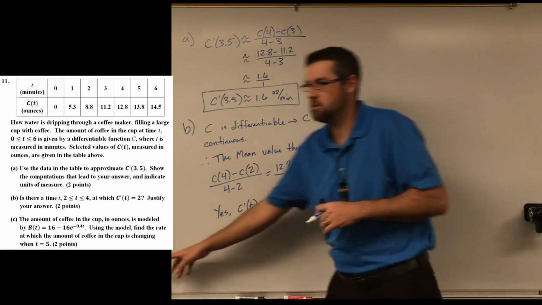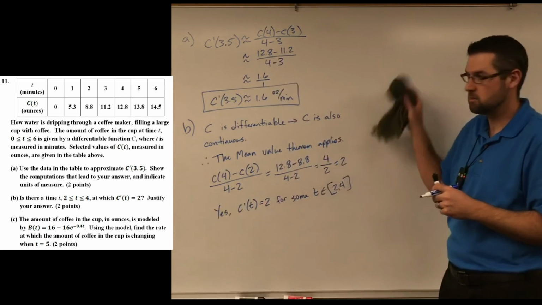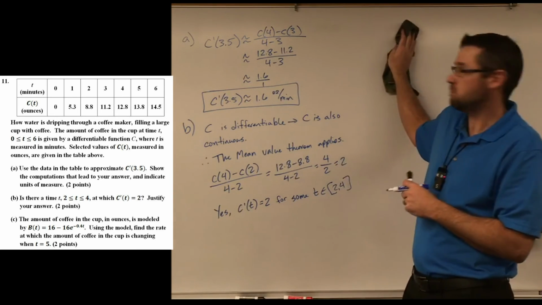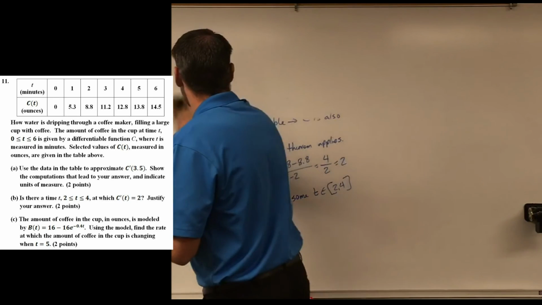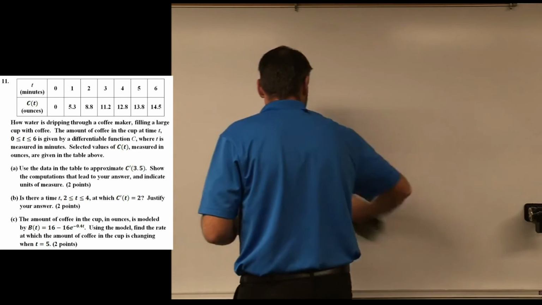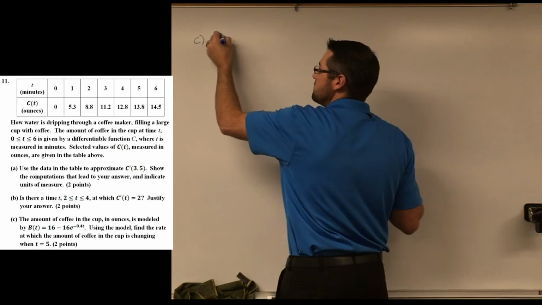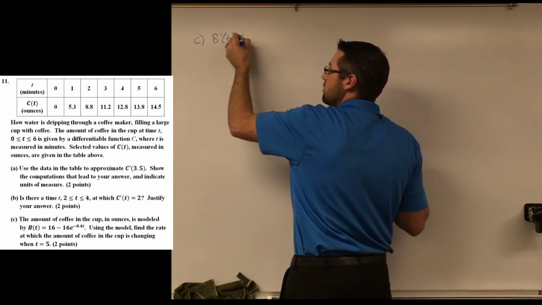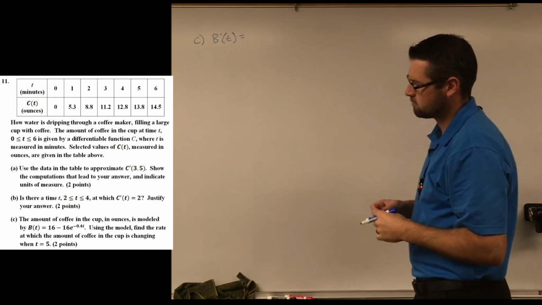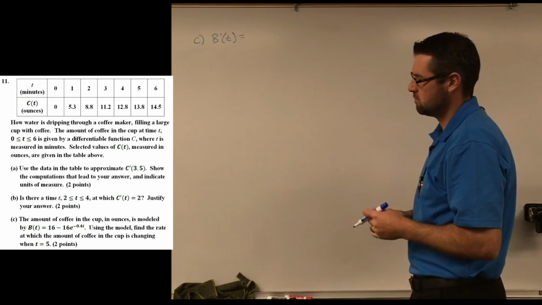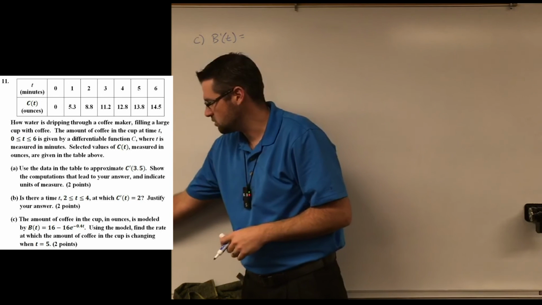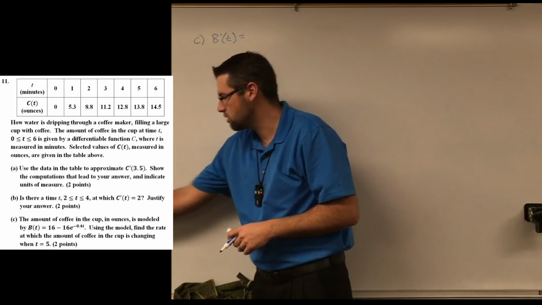Can I get rid of this? A and B? Yes? Okay. So part C, let's find B prime of t. What's B prime of t? 16 is a constant, so what's the derivative of the exponential?